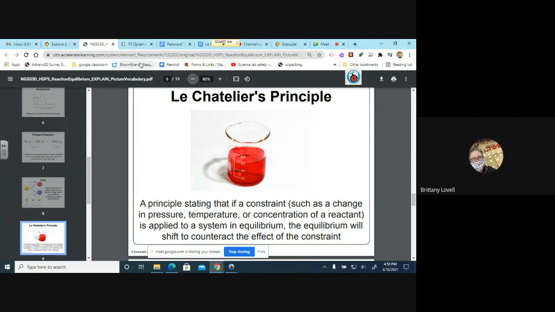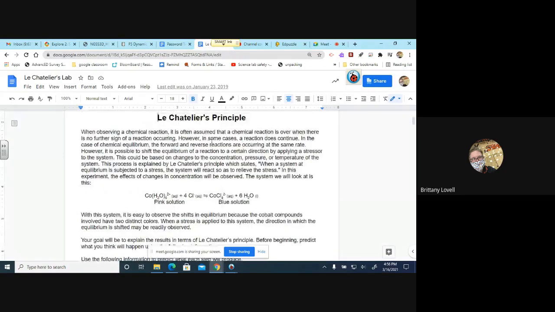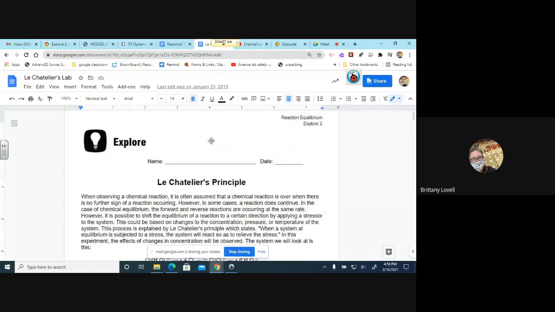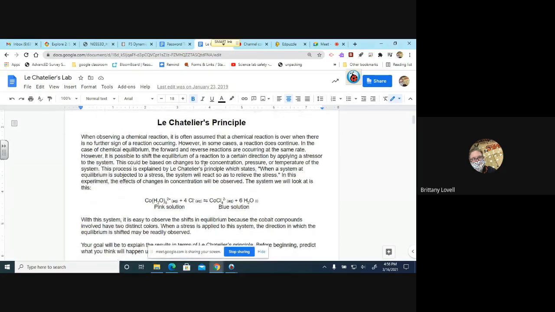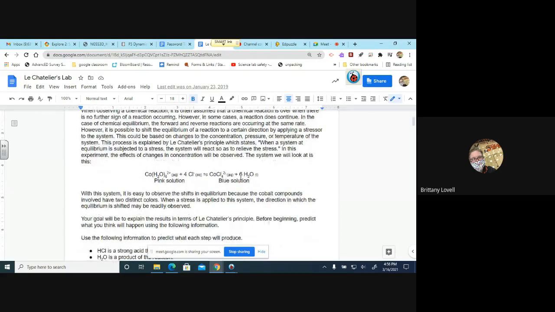So for example, what we were talking about today on the assignment for Monday, you probably got this activity, and this is the one that we're working on this week in class. We did only page 1. We talked about Le Chatelier's principle, and I had them read that paragraph, and we got into groups. We looked at this system right here, where you're taking this cobalt crystal that's got 6 water molecules attached, and mixing it with a chloride ion.